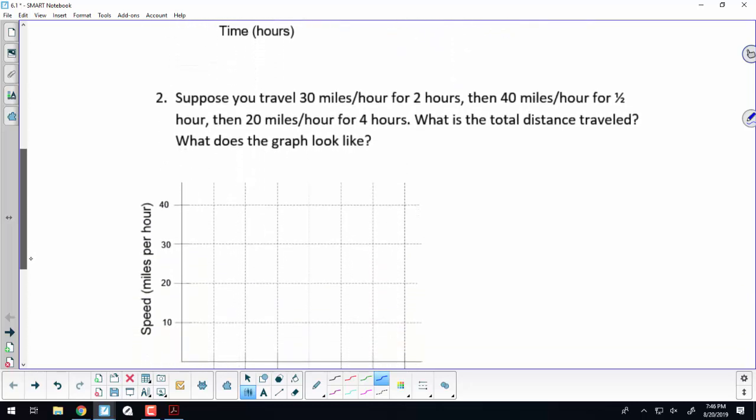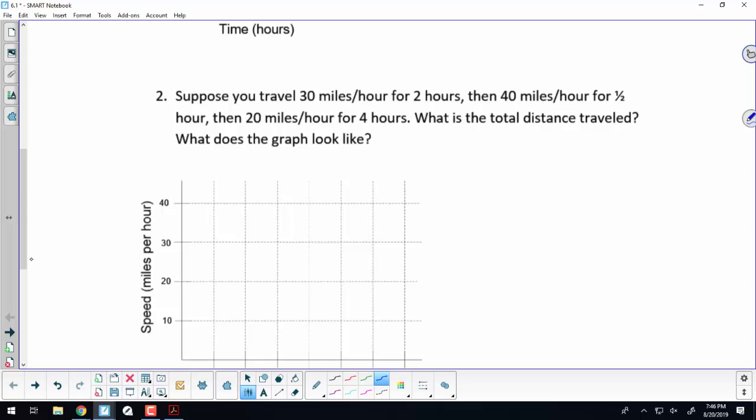Similar thing, a slightly different situation though. We travel 30 miles per hour for 2 hours, then 40 miles an hour for a half hour, then 20 miles an hour for 4 hours. Again, what's the total distance traveled? We're going to make the same connection here. With these two examples, both have graphs that are strictly above the t-axis, so we'll make a connection there.